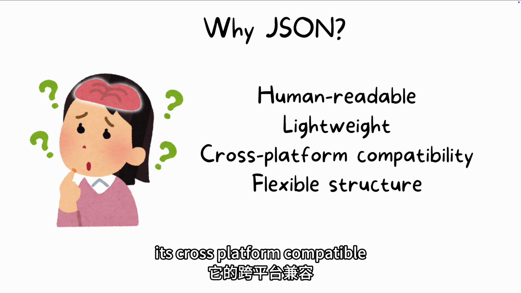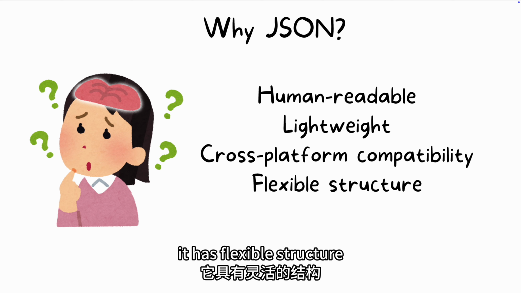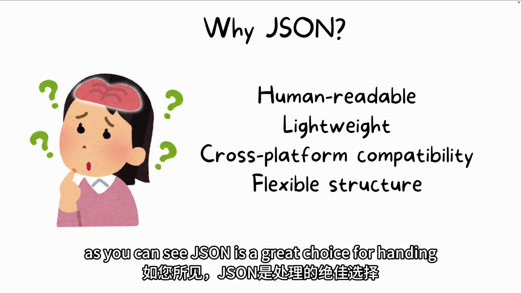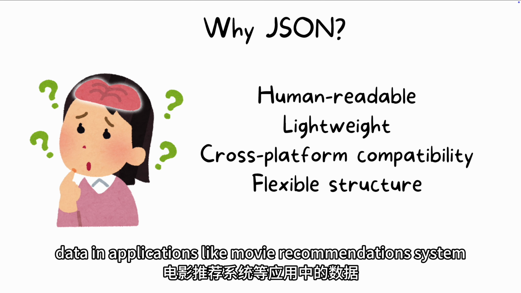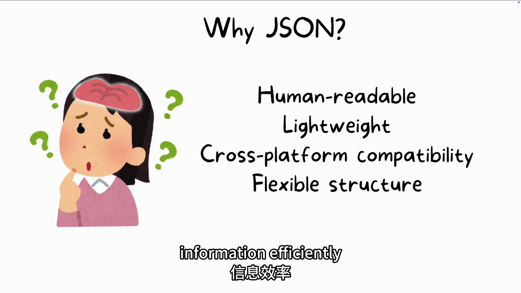It's cross-platform compatible, supported by almost all modern programming languages. It has a flexible structure, allowing us to store complex data like lists. As you can see, JSON is a great choice for handling data in applications like a movie recommendation system, which needs to store and process structured information efficiently.